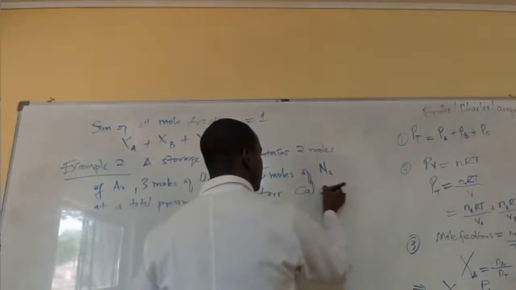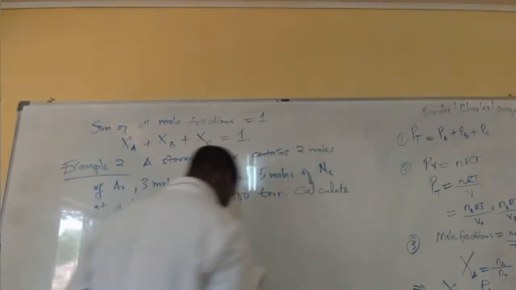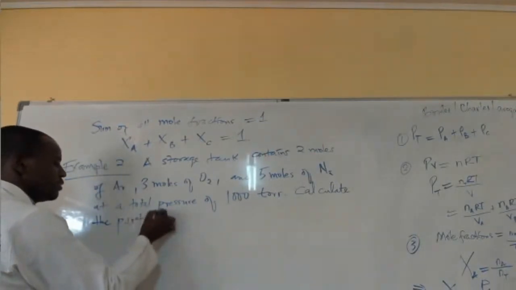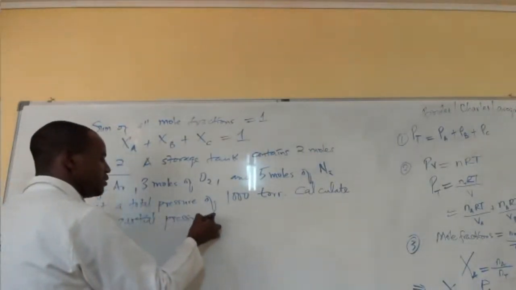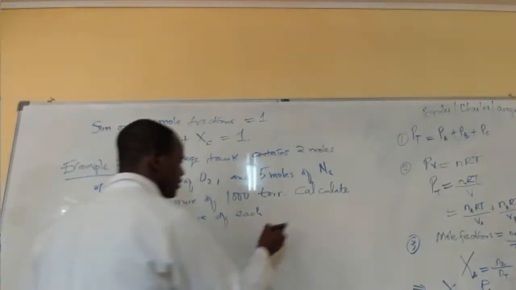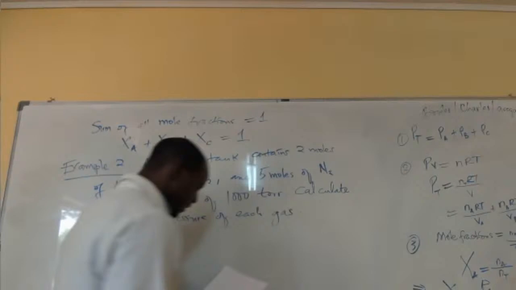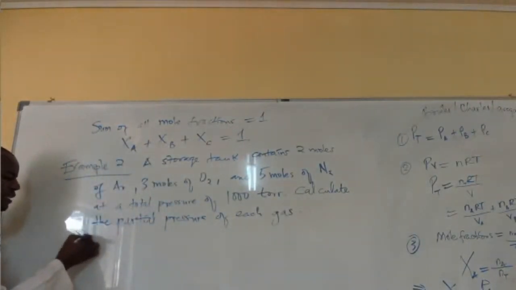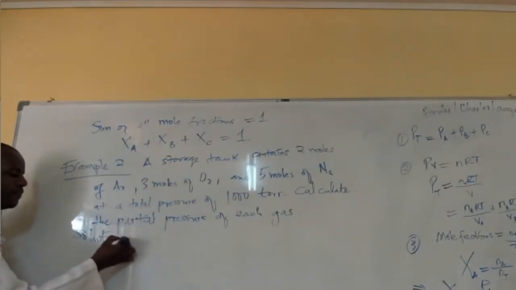Calculate the partial pressure of each gas in the container. So the first thing that we have to do here is to identify what we have been given in the question.